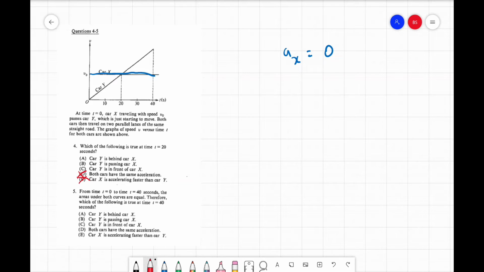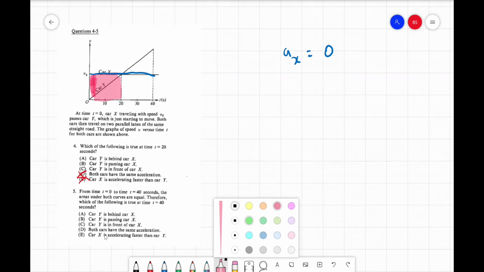Now let us look at the distance. Recall that the distance traveled in a certain time is the area of the region under the graph over that interval. Looking at car X, the area under car X is given by this area over here.